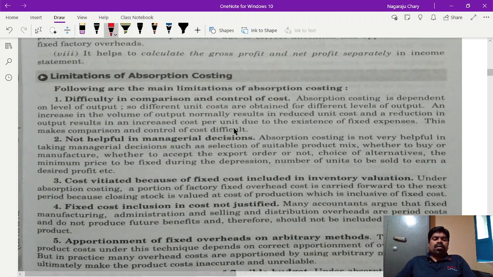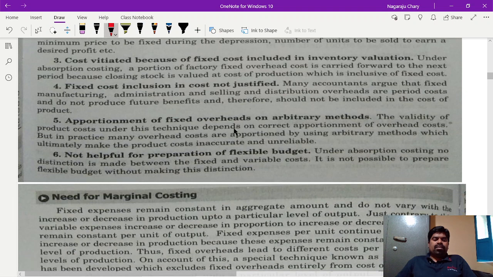That is the limitation of absorption costing. Of course, that was the traditional method that we followed. Now the new method: what is the purpose? What is the need for marginal costing?